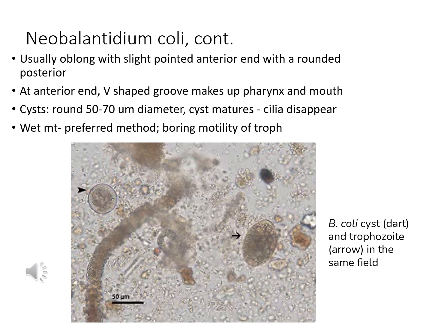At the anterior end, you may see a V-shaped groove that is actually the pharynx, the mouth of the organism. Cysts are rounded and usually 50 to 70 micrometers in diameter. Once the cyst matures, the cilia will disappear. The wet mount is your preferred method for identification, and what we're looking for is a troph with a boring type of motility.